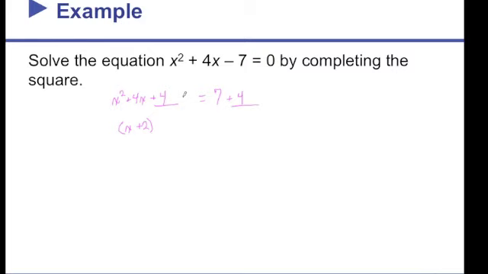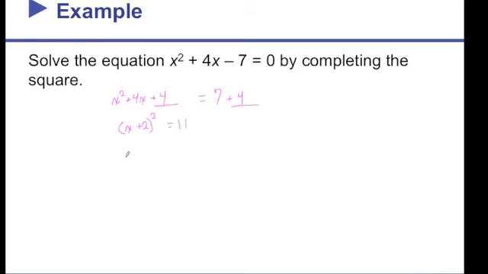Now this is a perfect square trinomial: x squared, and the square root of 4 is 2. And if you check it, doubling the 2 times x gives you the 4x. So now we have x plus 2 squared equals 11.